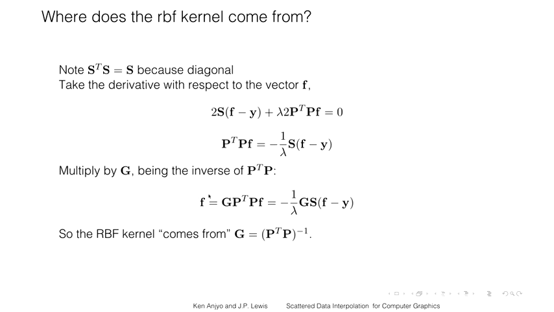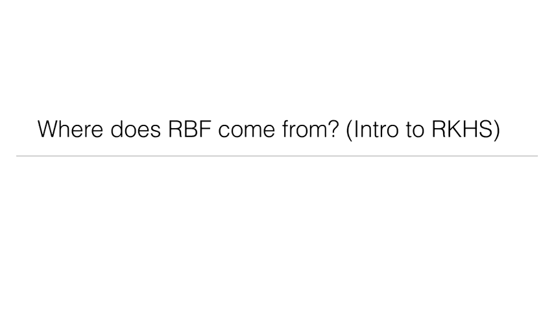Take the matrix inverse, and this is a symmetric matrix, so either in the rows or columns of this, you're going to see shifted copies of the RBF function. Okay, so that's my discrete explanation. Now we're going to switch over to Ken to talk about some of the deeper continuous theory. Okay.